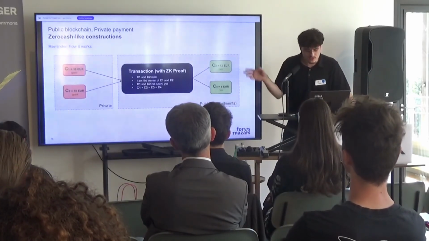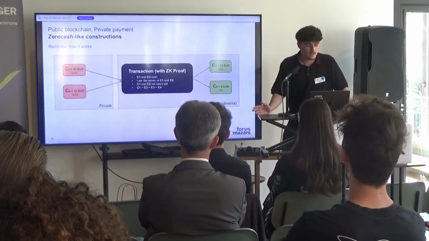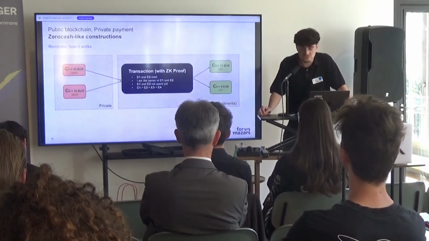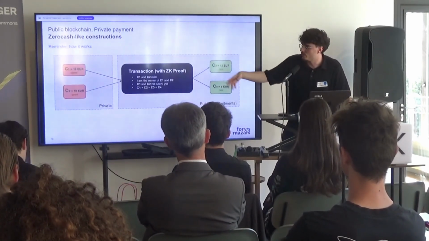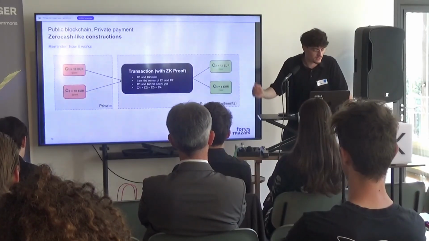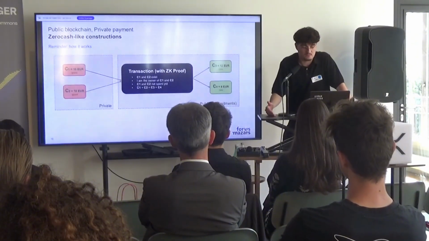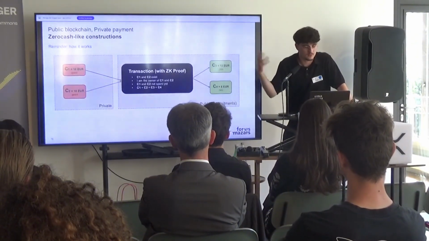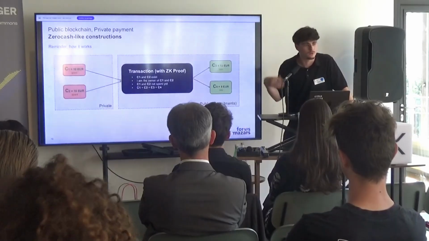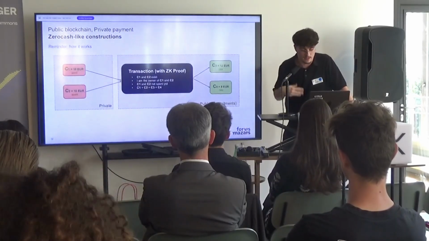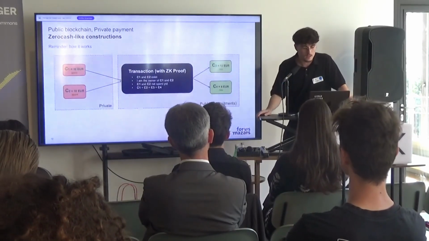So just a reminder of how Zcash works. In Zcash, we manipulate coins. Imagine I'm the owner of two coins of 10 each. If you want to make a transaction, you make a zero-knowledge proof. It verifies many things: that you own the coin, that the money spent is preserved, and so on.